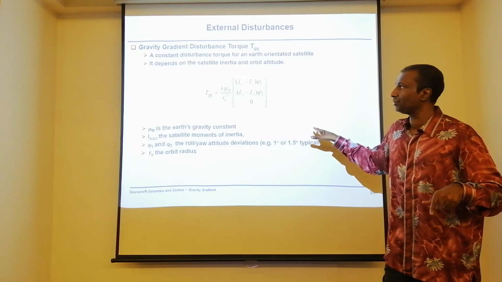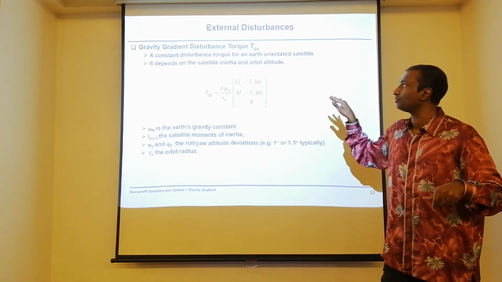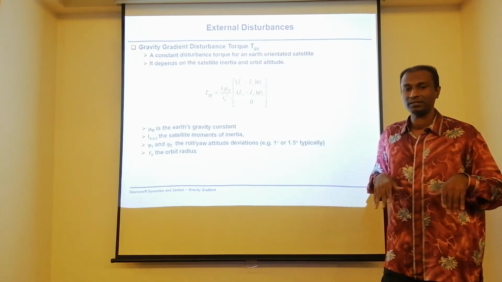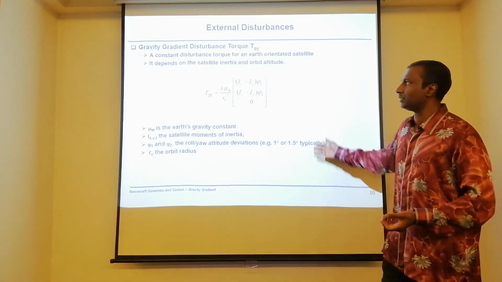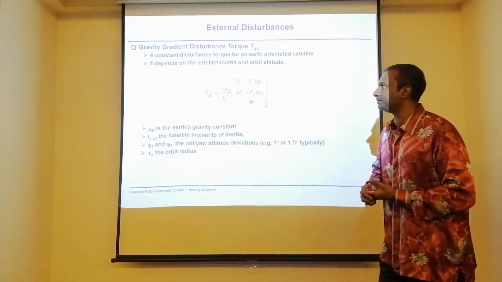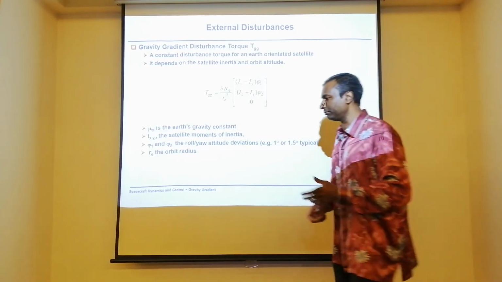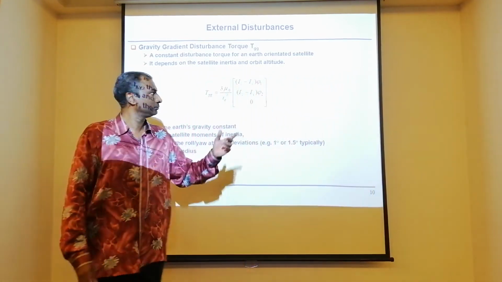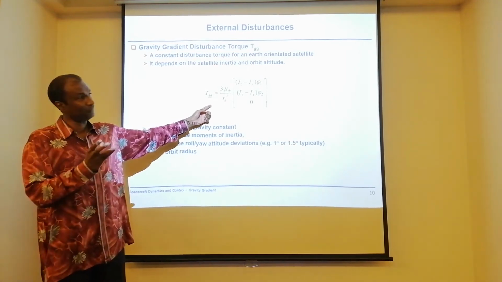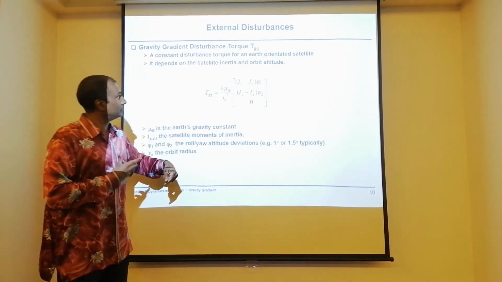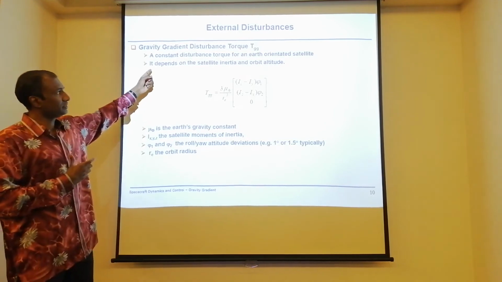So what we are going to do here is define all those external disturbances that you have in space, which disturb the rotational motion of a satellite. First, to start with, since we already know the gravitational gradient, I've invoked the same equation that we have developed. It is a constant disturbance, very important.